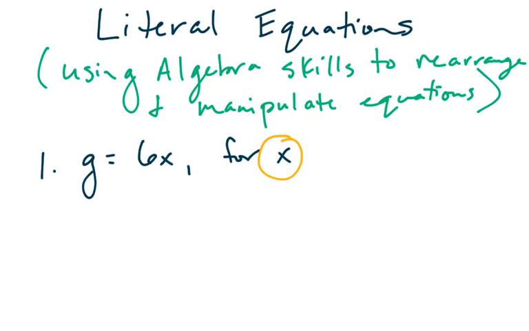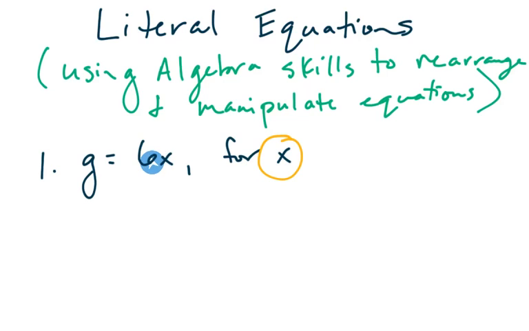So if I go back to the equation, I see that it's G equals 6x. I don't know what G is, I don't know what x is, but all I want to do here is get this in a form where it says x equals instead of G equals. Okay? And the only thing I have to do that is get x alone.